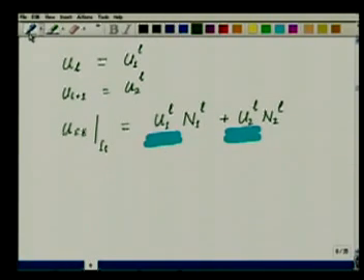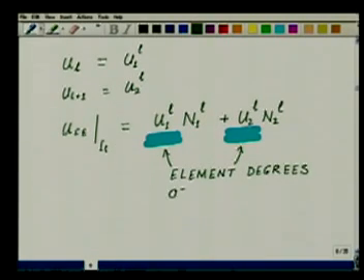These are the element degrees of freedom. The UIs in the finite element connotation globally are called degrees of freedom, while in the element they are called the element degrees of freedom.